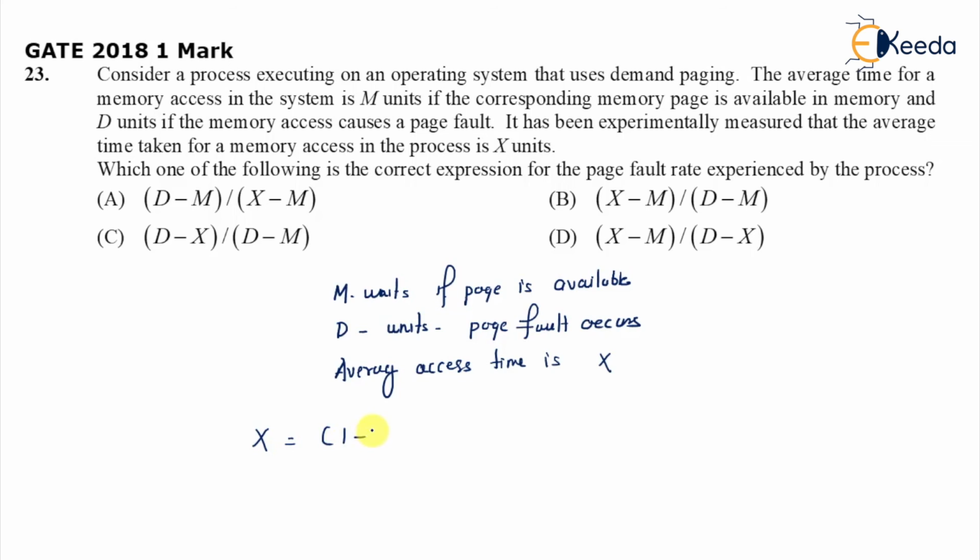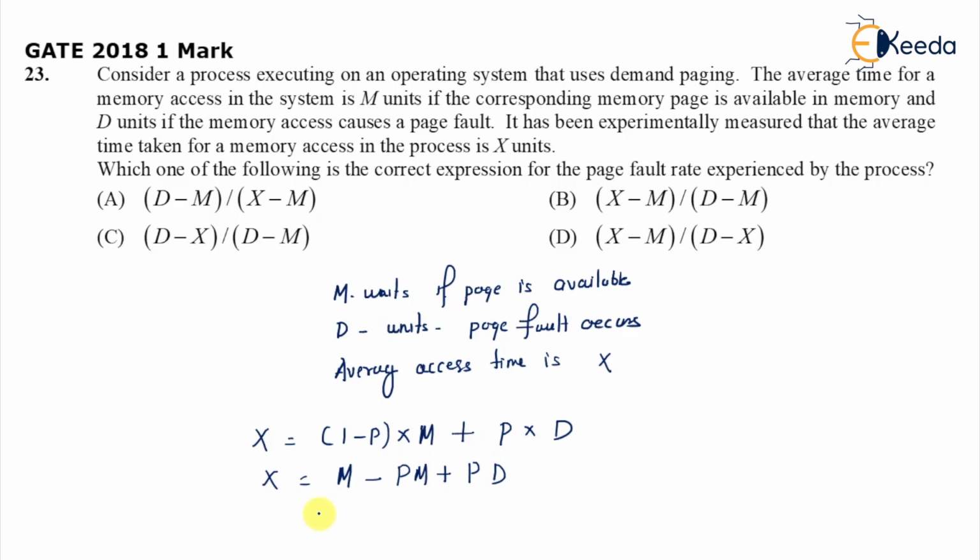With 1 minus p, we assume no page fault occurs and the page is in memory, so it takes m units of time, and with p, the page fault rate, it takes d. So x will become m minus p into m plus p into d.